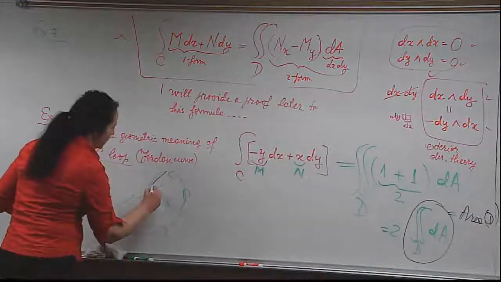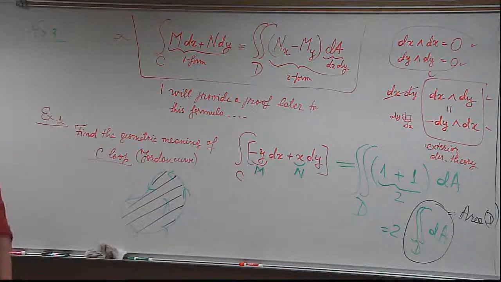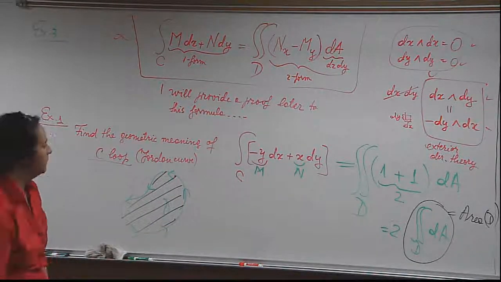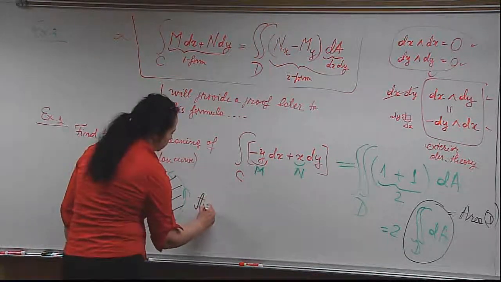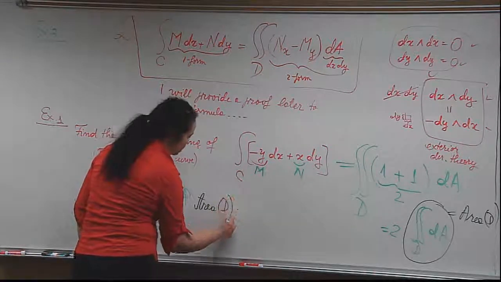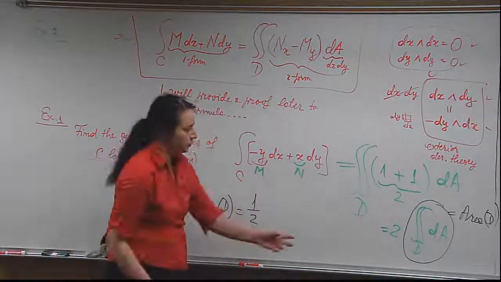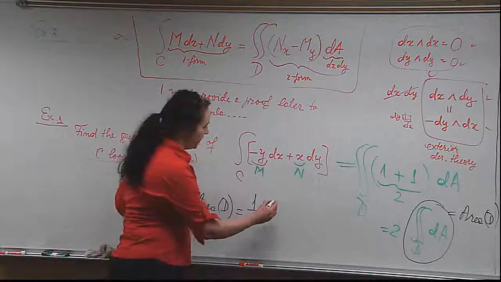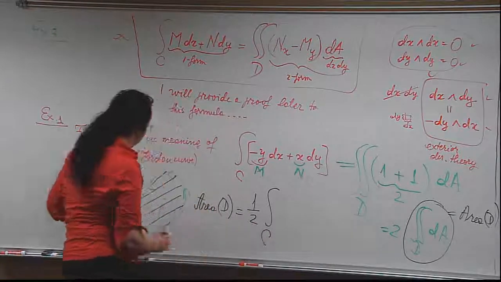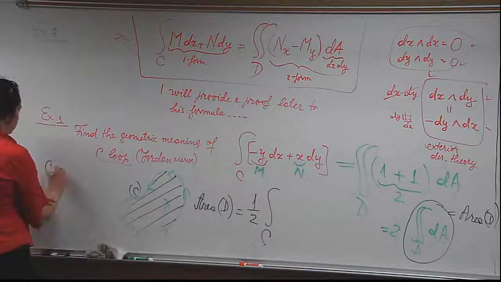The shaded area is this. So you have discovered something beautiful, that the area of the domain enclosed by a Jordan curve equals 1/2, because you pull the 2 out in front, of the path integral over the boundary. C is called the boundary of the domain.